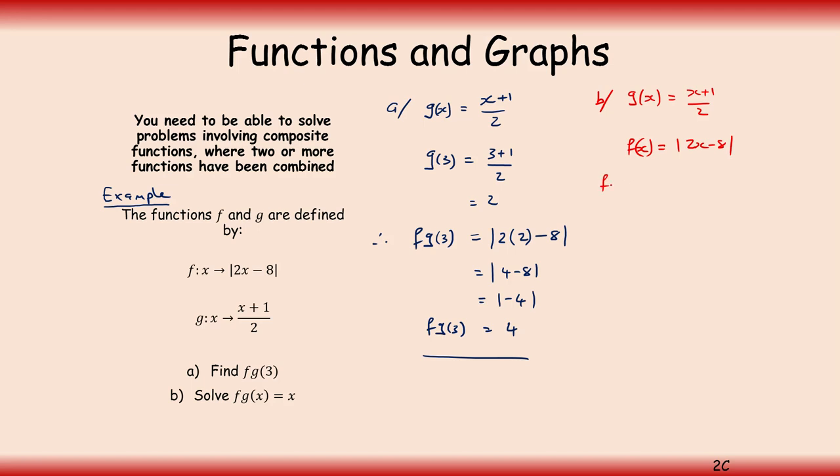So f of g of x is going to be equal to the modulus then of 2 times x plus 1 over 2 minus 8, which is equal to, the 2's cancel, so it's going to give me the modulus of x plus 1 minus 8, which is equal to the modulus of x minus 7.